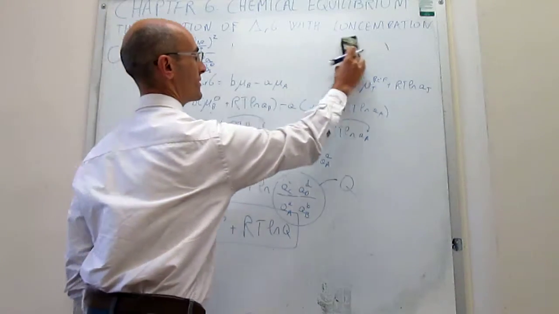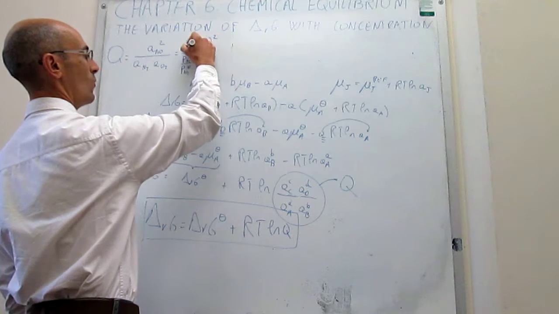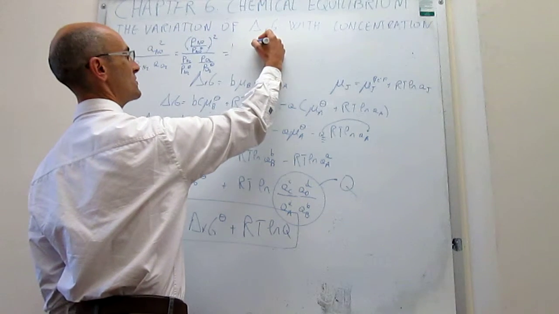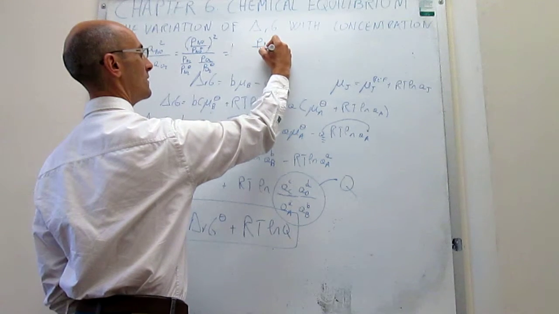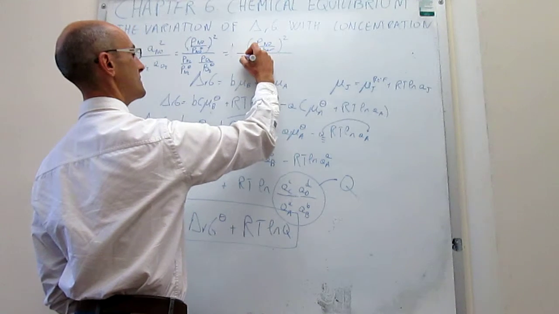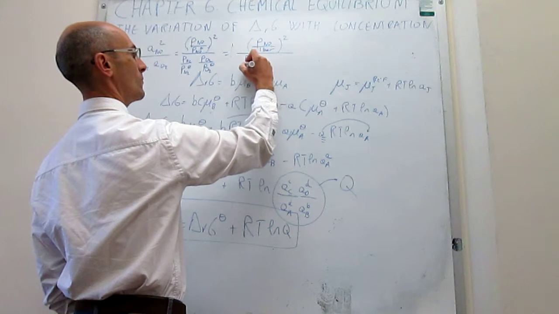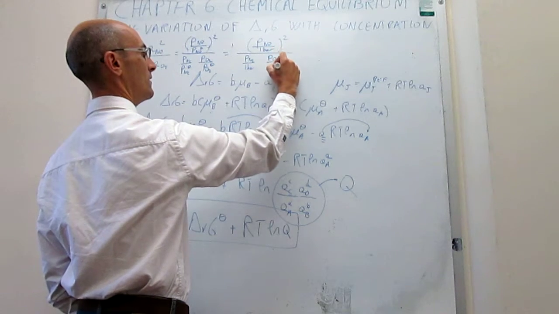We also know that the pressures of the standard state are going to be 1 bar. So this expression is turned into the pressure of NO over 1 bar, all to the power of 2, over the pressure of N2 over 1 bar times the pressure of O2 over 1 bar.